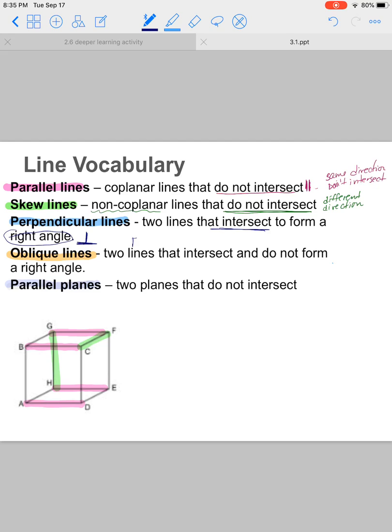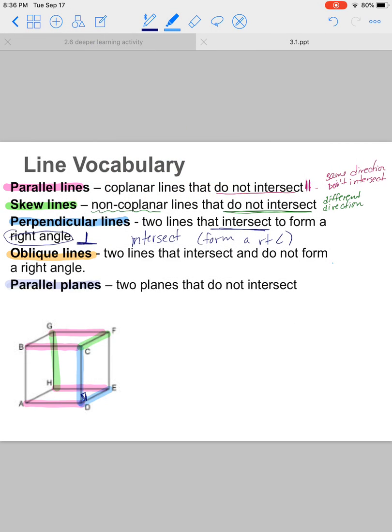So they intersect and they form a right angle. So if we consider that this is a right angle, then our perpendicular lines would intersect to form that right angle.